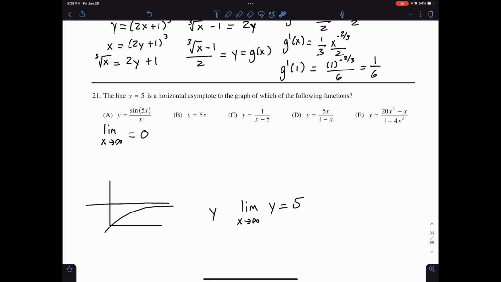Now the limit for B, y equals 5x, would be infinity because we'd have 5 times some infinitely large number, which remains very large. For C, we have 1 over x, which would be an infinitely large number, minus 5, which is still infinitely large.